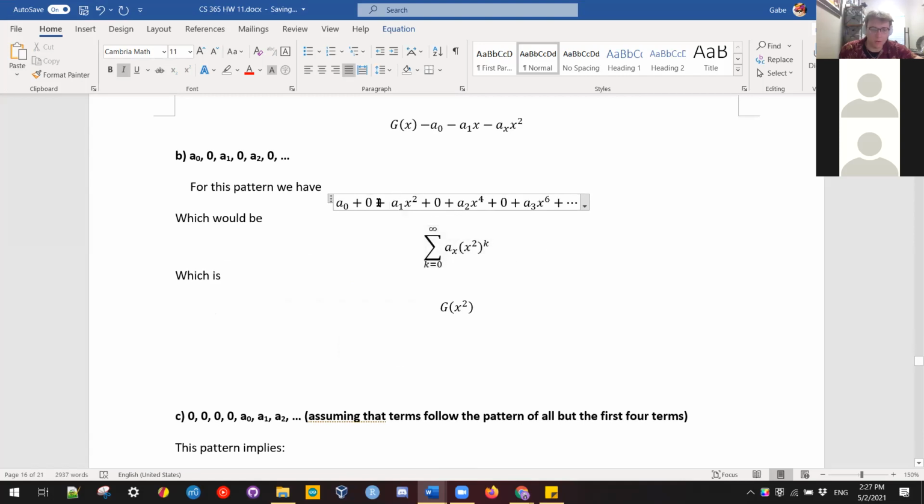And all these technically would go away, right? So really it's just this. That would be all of that squared, because your next element is going to be just another x squared, which is x to the fourth. It forces it to be even. And that's what's going on there.